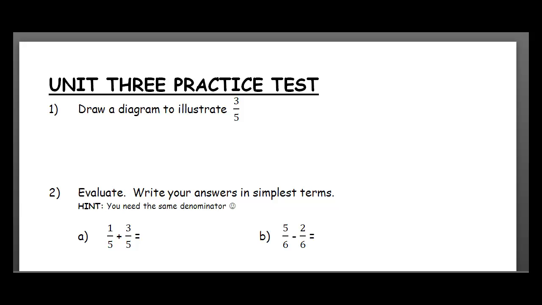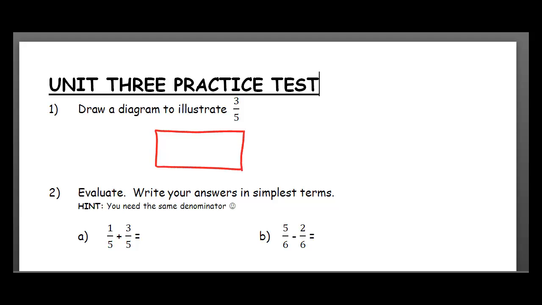Here's how you answer some of the questions to the Unit 3 practice test. Number 1, draw a diagram to illustrate 3/5. Well, one way to do that is you can draw a rectangle. Let's say you do that.